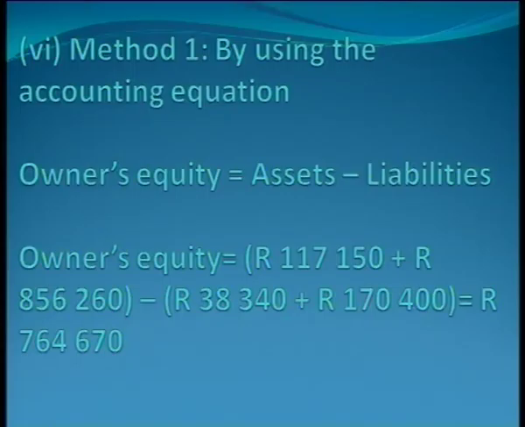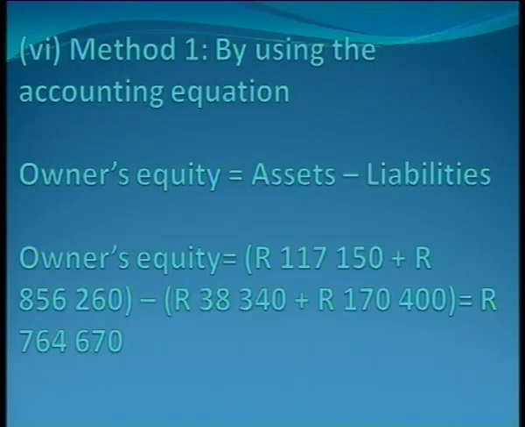Moving on to method number 1 to calculate our owner's equity amount. We'll use the first method, which is our accounting equation method. Your owner's equity equals your assets minus liabilities when we use our accounting equation. Our total assets we have calculated in 1 and 2, our current assets and non-current assets. So it's 117,150 plus 856,260.